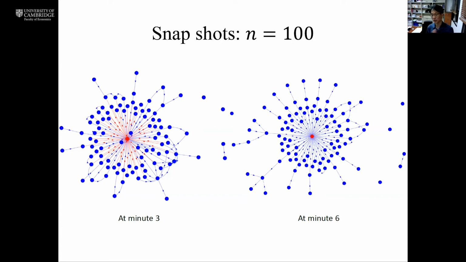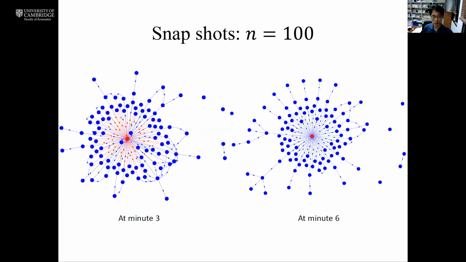These are the typical snapshots that we observe in the network. For example, at minute 3 on the left-hand side, there is one guy in red who emerges as a hub by attracting many links, and that guy is also forming many links to the other guys.